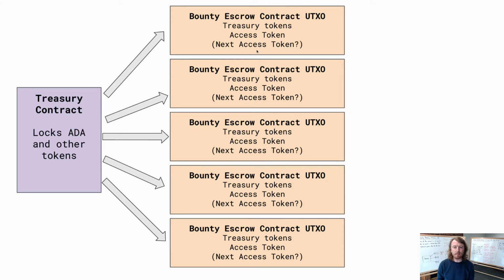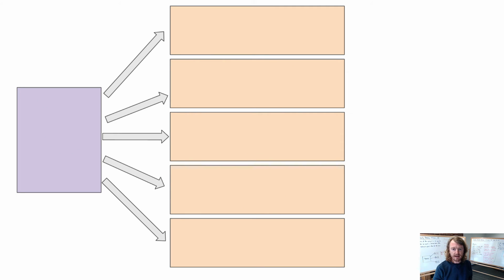We could start thinking about credentials in this context, right? If somebody does some work, maybe we can give them a higher level of access token that shows, hey, you've done this level of bounty, and now that you've done that, you're ready for the next. This is where we can be really creative. This is where we can play with this tool. I just want to have it out there, right?